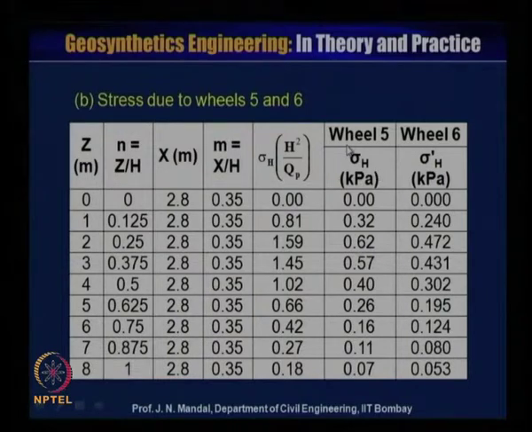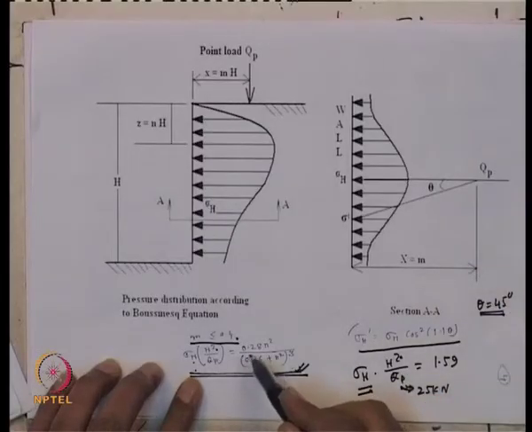Then you have to calculate again what will be the stress on wheel 5. Again you know sigma h h square by qp, and the n value is known.